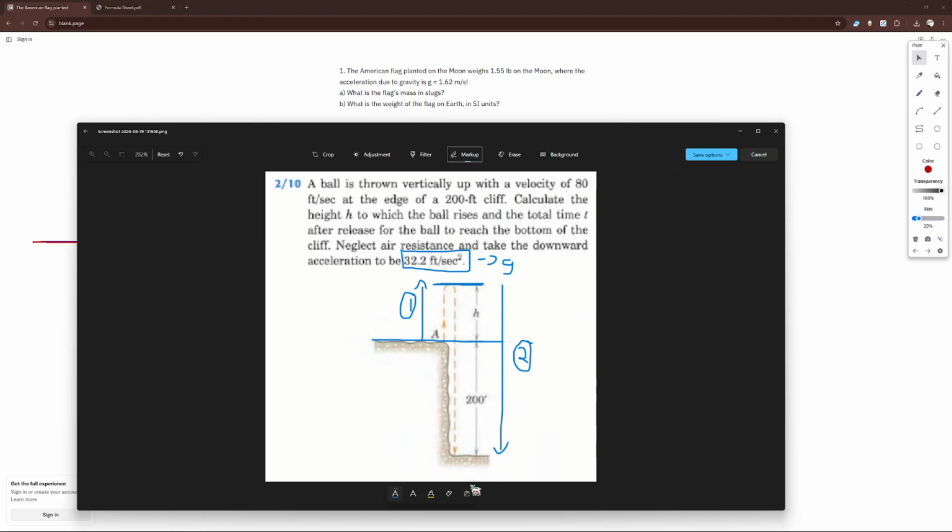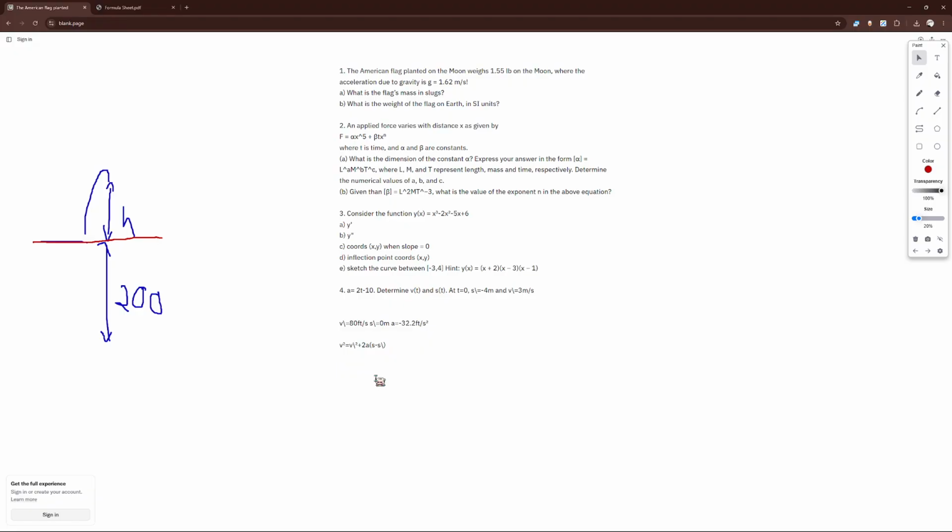If you think about it in terms of a graph, your velocity starts at 80, and gravity is pushing you down, so if we were to graph this, your velocity would start up here and go like this. Acceleration has caused it to become 0, and then your velocity would become negative, because you're going down. Like that, okay?